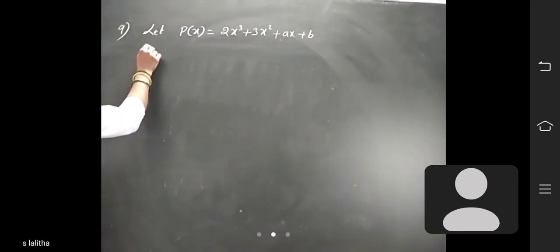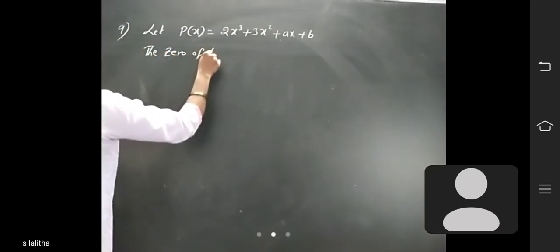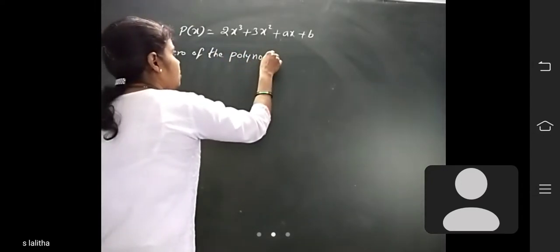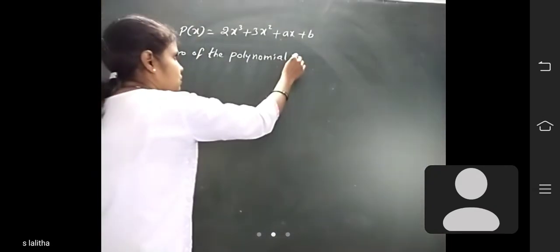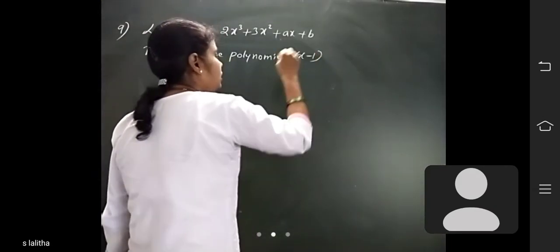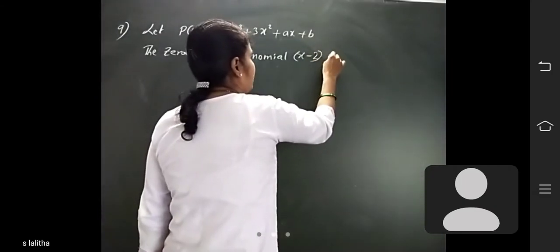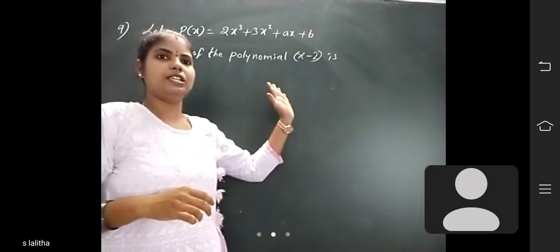So the 0 of the polynomial, what is that? Which one is divided? x minus 2. The 0 of the polynomial x minus 2: x minus 2 equal to 0, you will take x is equal to plus 2.